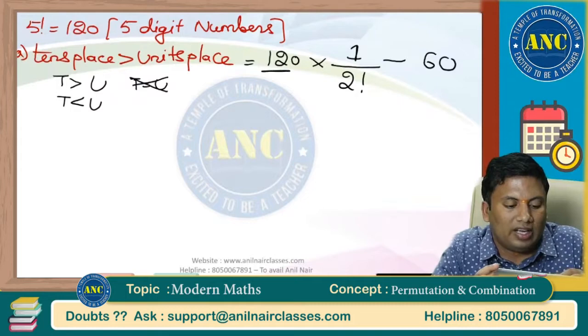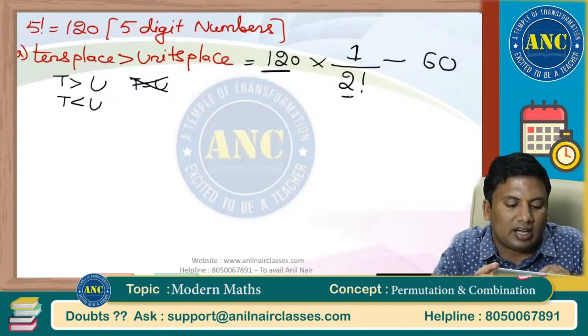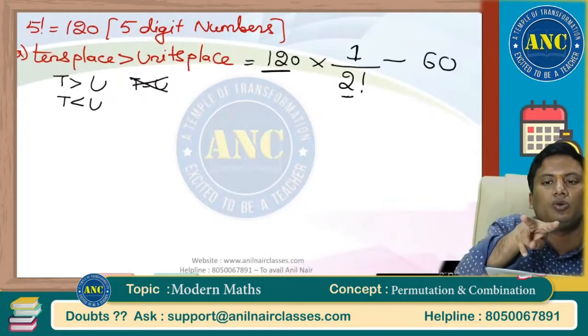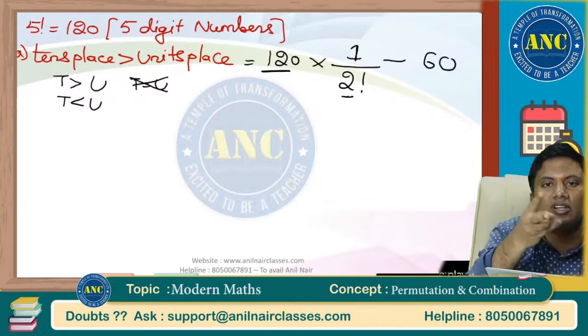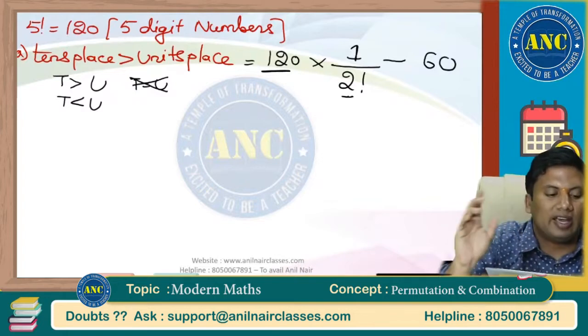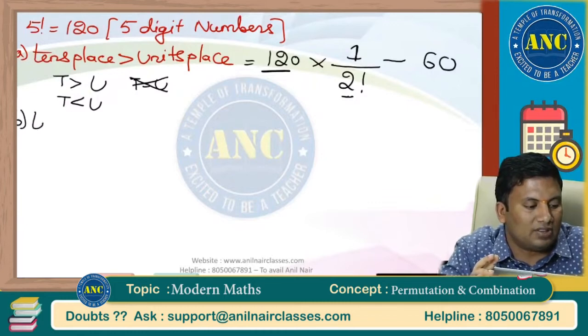Total 120 numbers are there, out of which the last two places, units and tens, can arrange among themselves in 2 factorial. One case is tens place greater than units place. Suppose if the question is tens place less than units place.